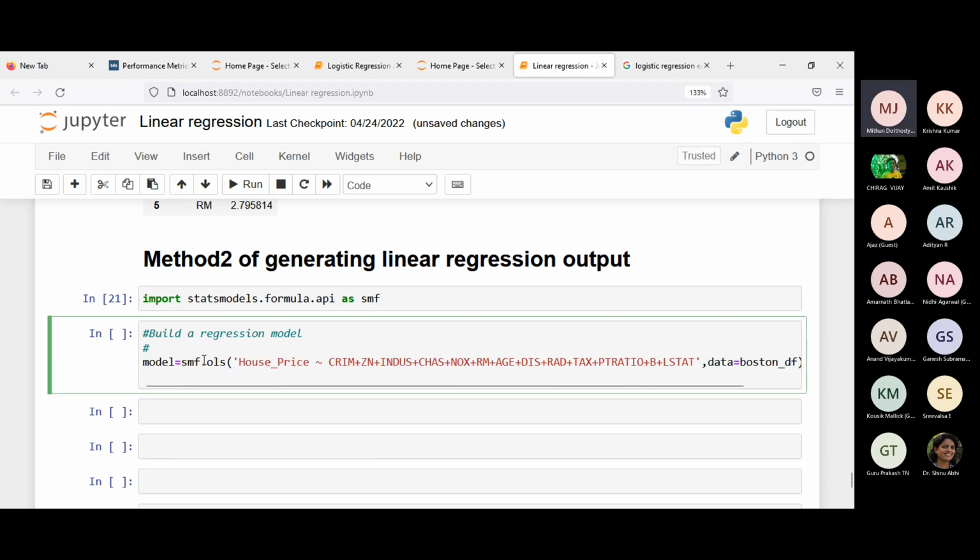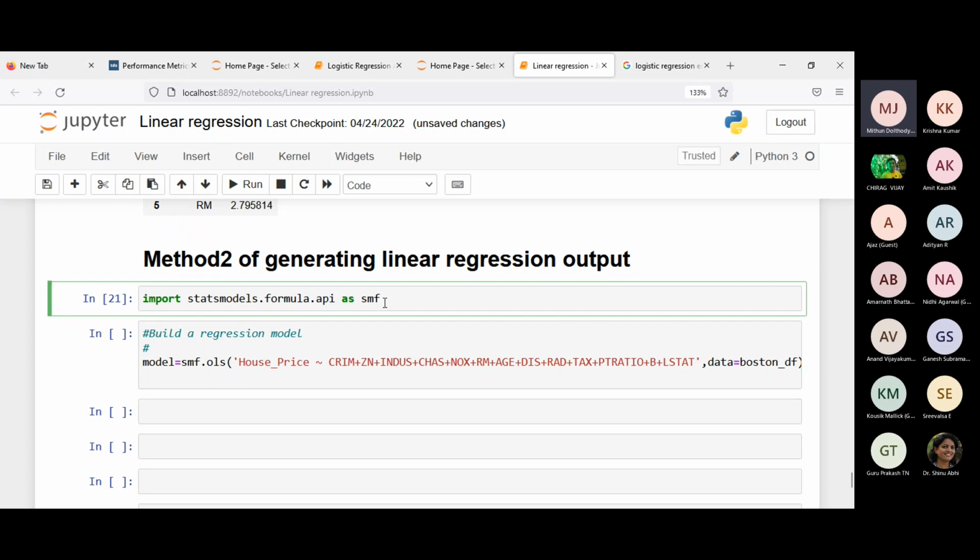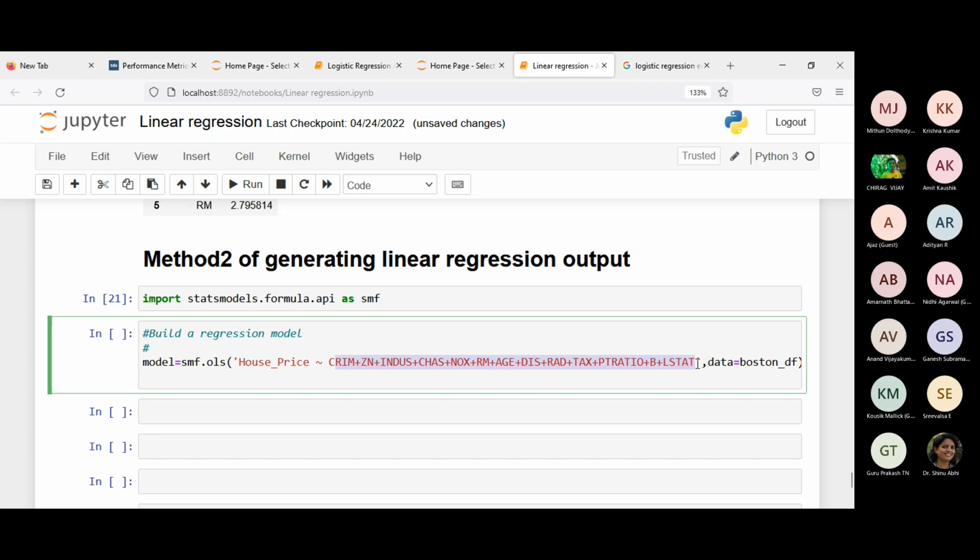Here we are just calling SMF.OLS. Housing price is your dependent variable. Put a tilde symbol, and then enter all the variables which you want to take. Put a comma and then specify data equal to the name of the data set.